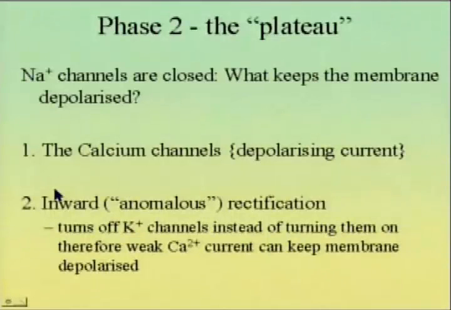It's not the maximum like sodium can, but it's still pretty high. It gradually tapers for two reasons, because the inward or anomalous rectification will turn off the potassium channels instead of turning them on. Therefore, the weak calcium current can keep the membrane depolarized.